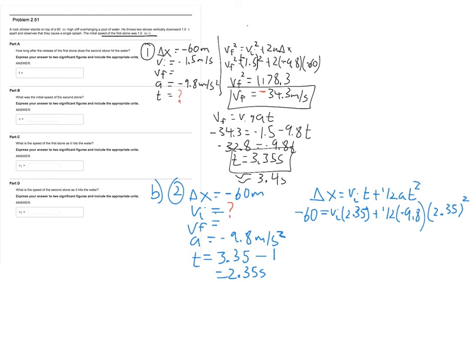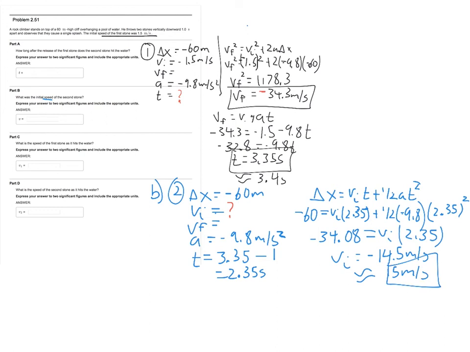So I do a little bit of math here to simplify, and I end up with negative 34.08 equals VI times 2.35, which means that initial velocity is going to be negative 14.5 meters per second. We're going to round it, and it asks for a speed, so we'll make it positive, and therefore it becomes 15 meters per second.